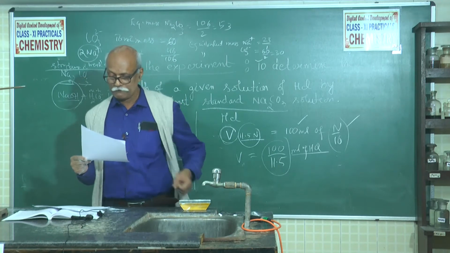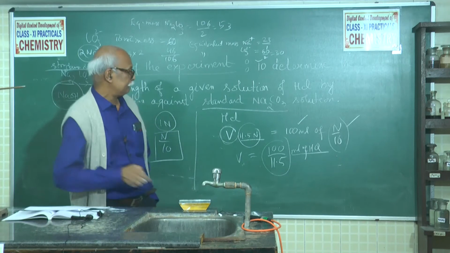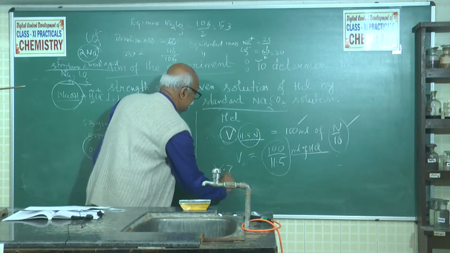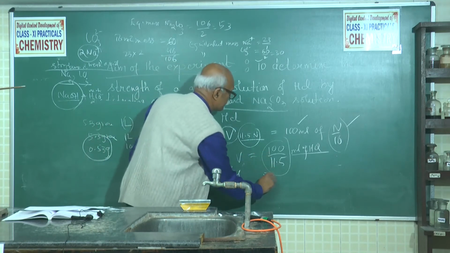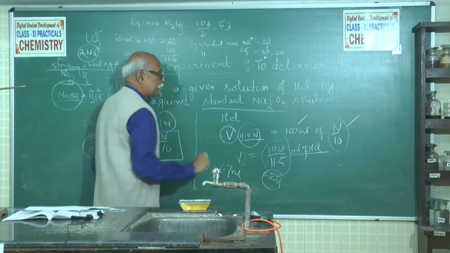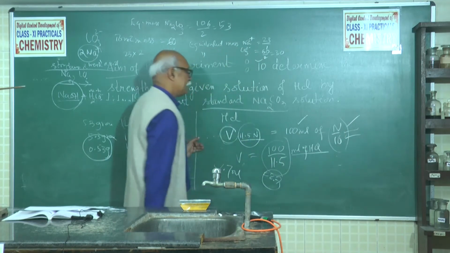That will be 100 by 11.5, which equals 8.7. That means in the measuring flask you take 8.7 milliliter, and you make it up to 100 milliliter. Then that will come to N by 10.